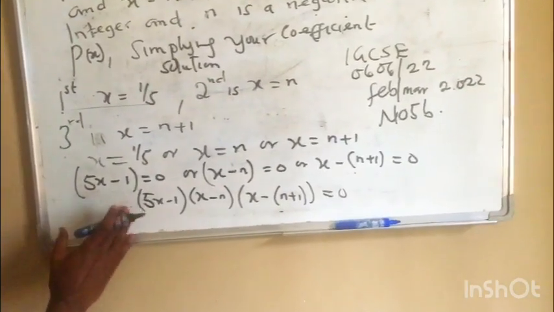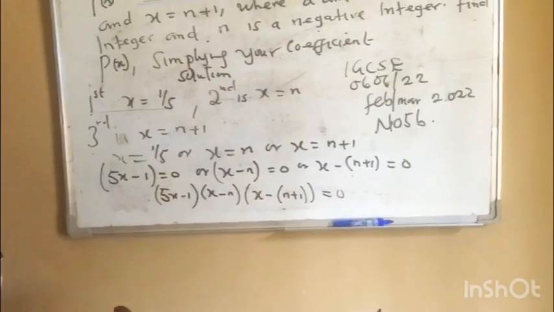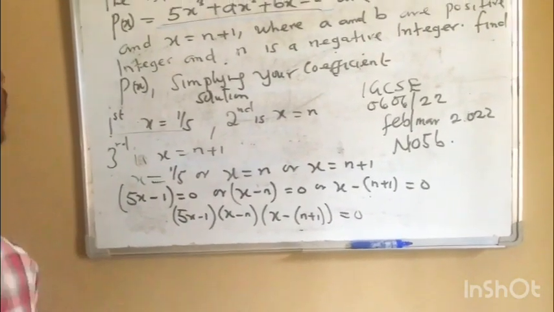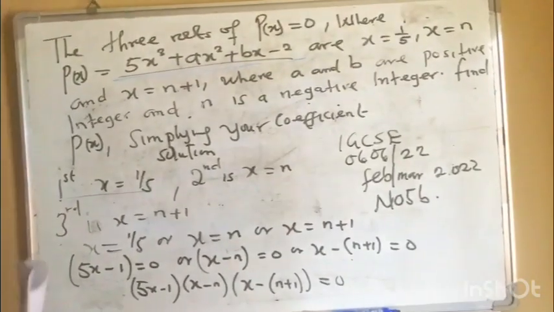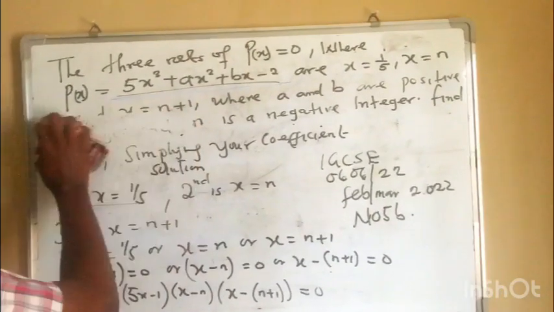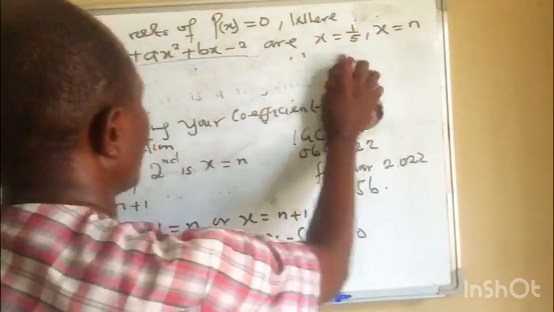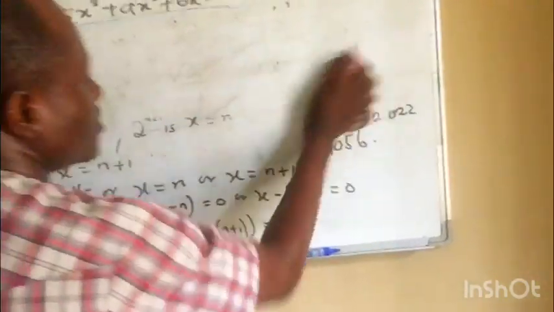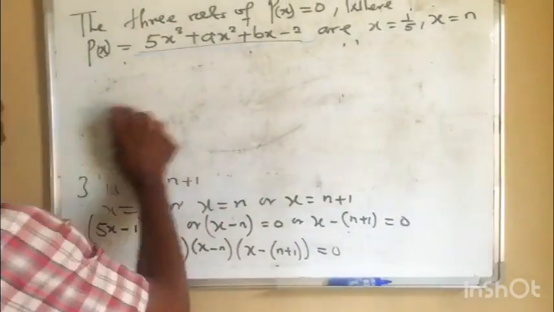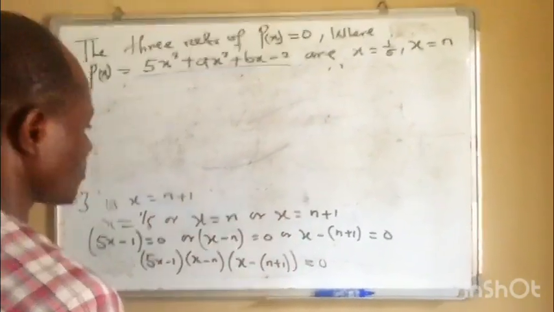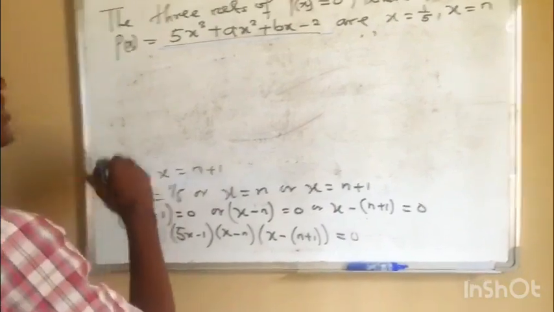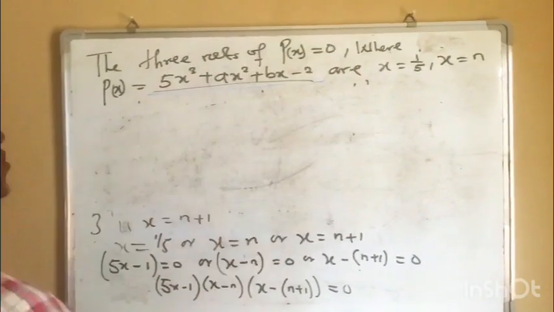Now this is the polynomial formed by using the roots of the equation. If you check the polynomial given to us, in that polynomial we say p of x equals 0.